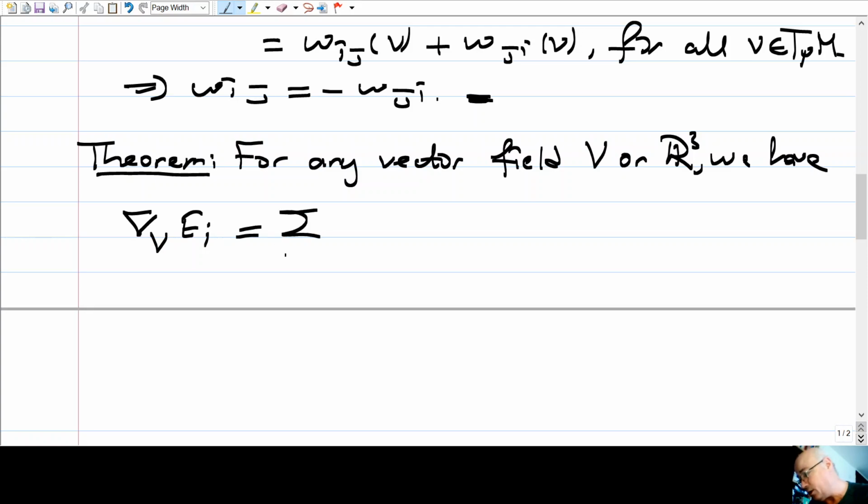This vector field is just equal to this. This vector field, I feed the one form with the vector field. I get a number at each point. So this is a function on R3. And then I multiply these functions with the elements of the frame. So I get a vector field. And this is equal to this gadget.